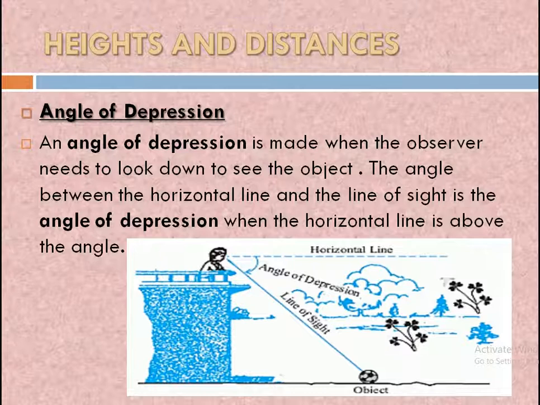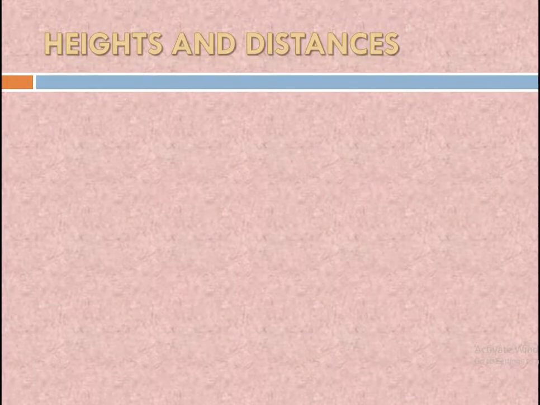The observer is looking at the football from the top of the building, and you can see there is a horizontal line, and the angle between the line of sight and the horizontal line is the angle of depression. You can see it here in the figure. Okay students.